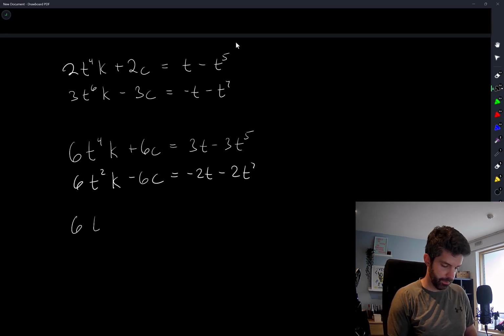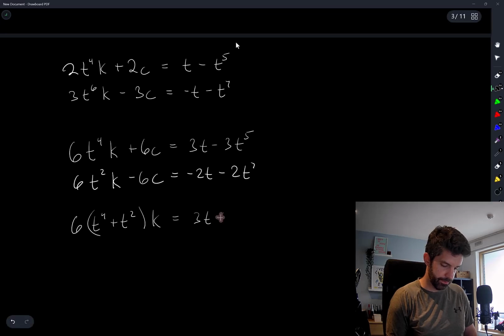So 6t to the 4 plus t squared k is equal to 3t plus t minus 3t to the 5 minus 2t minus 2t to the 7.